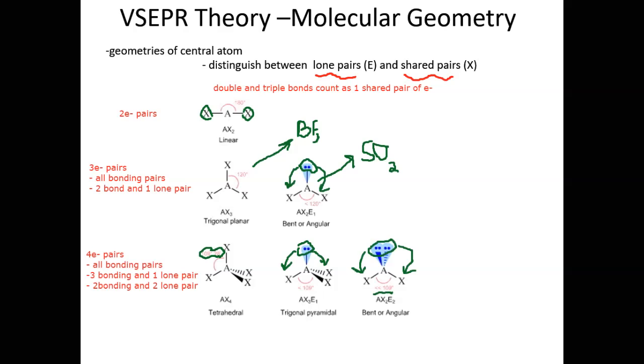Likewise, with 4 electron pairs, the lone pairs, whether you have 1 or 2, push the bonds closer together so that your bond angle is less than 109. And we'll look at some examples of these in just a moment. So again, the key thing here is to draw the correct Lewis structure, identify the number of bonding and lone pairs of electrons on the molecule or ion, then you can identify the correct geometry.